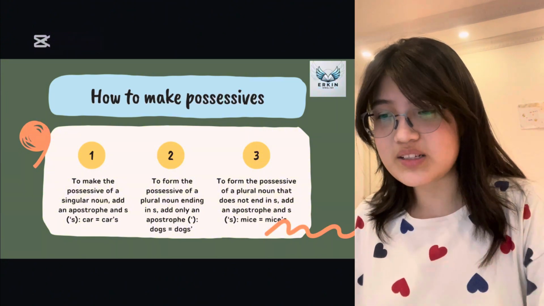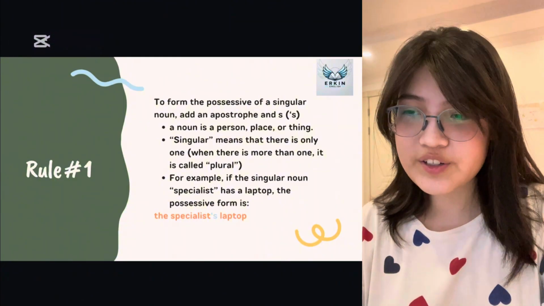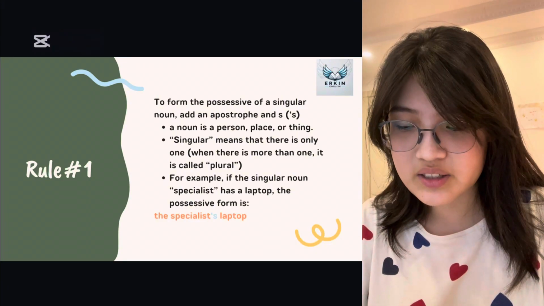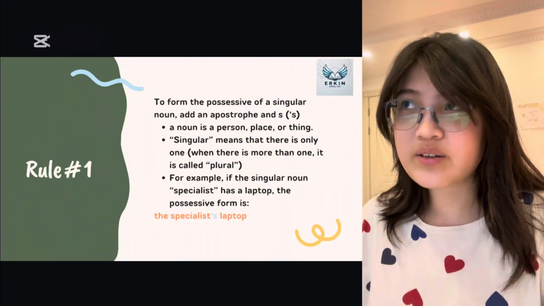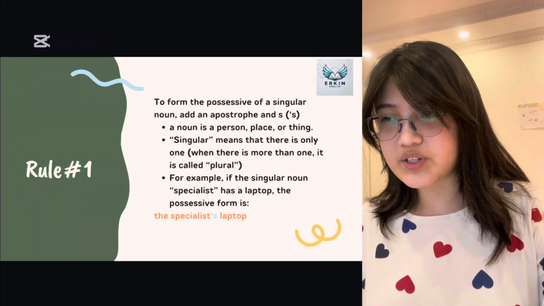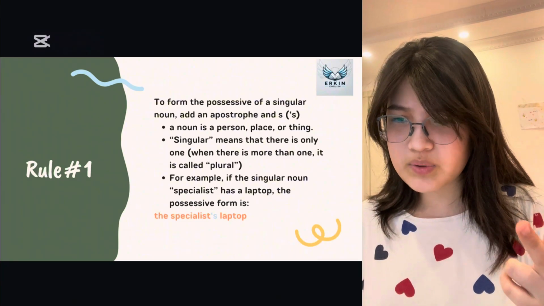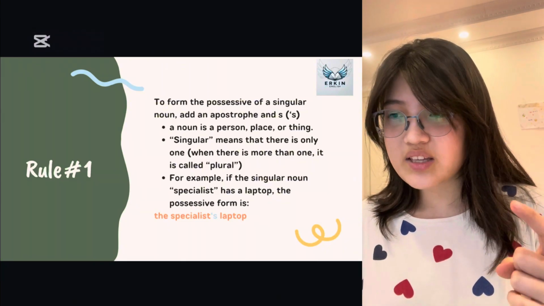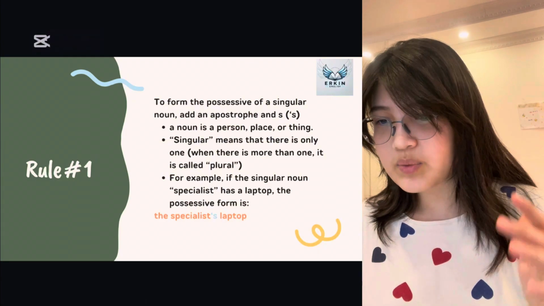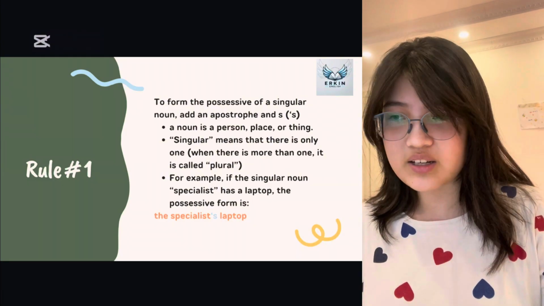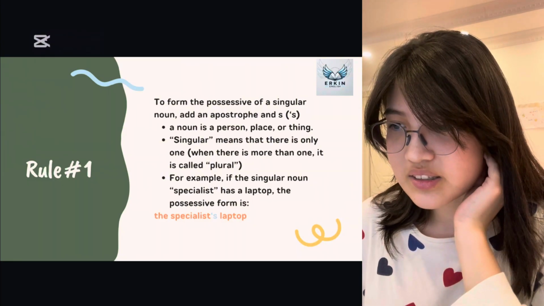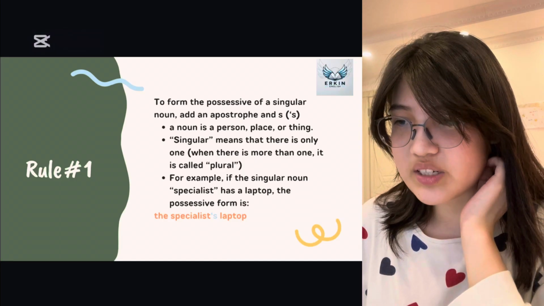If we follow the rules and go further in depth on the first rule, which is applied for singular nouns, we can further understand that a noun is a person, place, or thing. I'm assuming, because this is the A2 level course, that we already know what nouns are, because we have learned that in the A1 level course. But a noun can refer to a person, place, or thing.